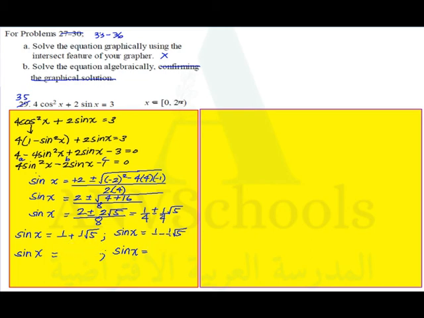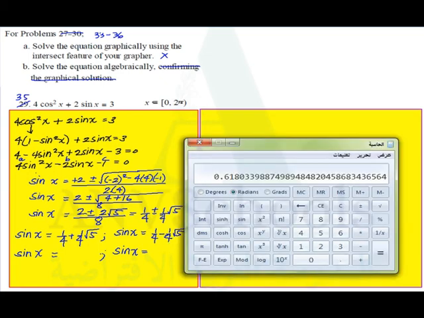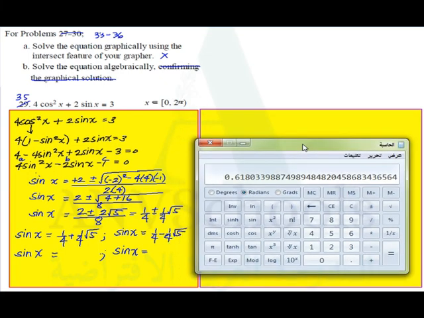Okay, so in this case we have 1 over 4 plus 1 over 4 square root of 5, and 1 over 4 minus 1 over 4 square root of 5. And I have the calculator with me now, so that would be square root of 5 divided by 4 plus 0.25. That would be 0.8090.